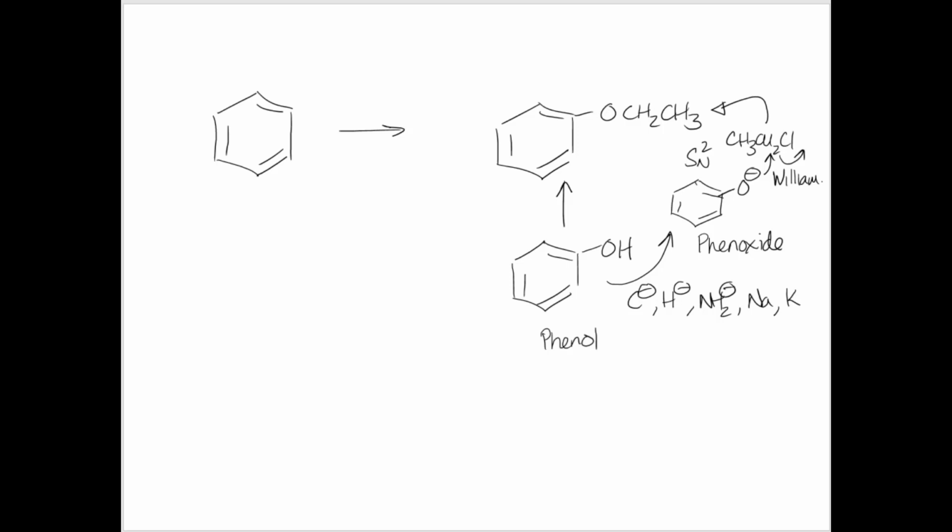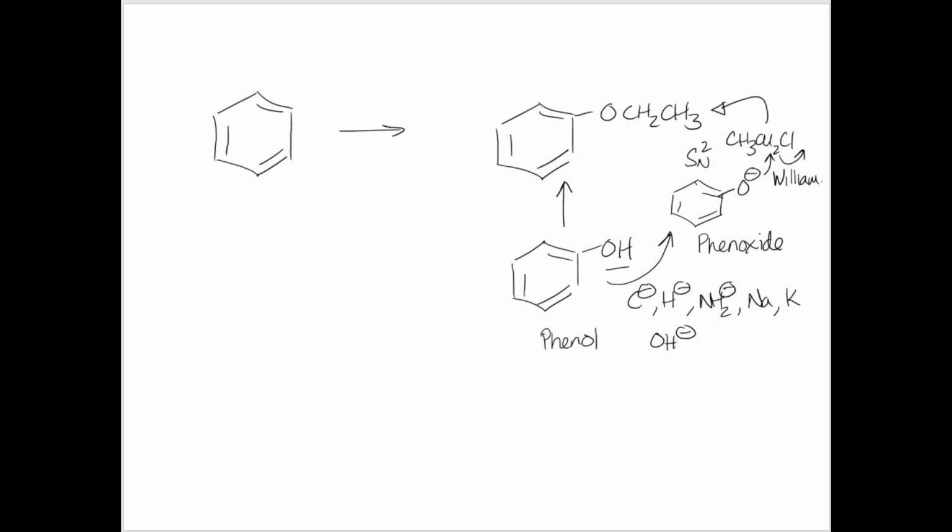We're just reviewing now all the ways to make the alkoxide in a Williamson ether synthesis. But since this is a phenol, remember a phenol is more acidic than a regular alcohol, so we could also use hydroxide, because hydroxide will completely deprotonate a phenol to make the phenoxide as well.